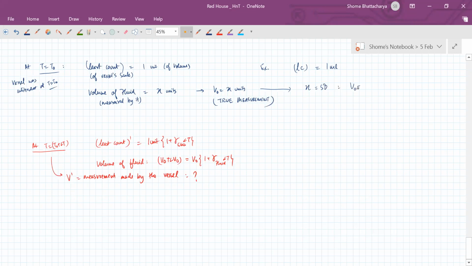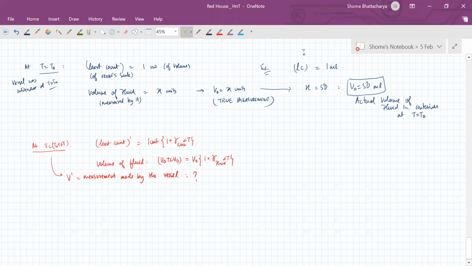So the actual volume of liquid is 50 milliliters. So suppose this is the situation. So this is the actual volume of fluid in the container at T equal to T naught.